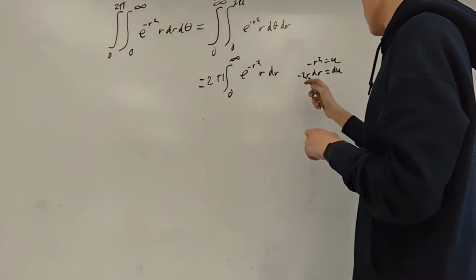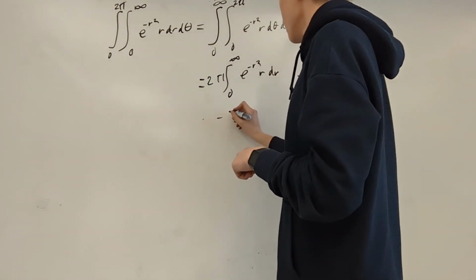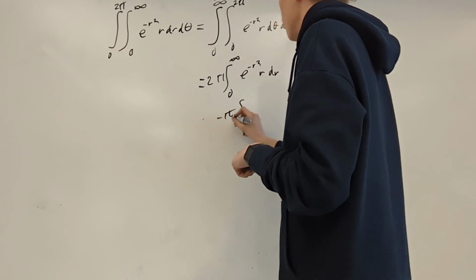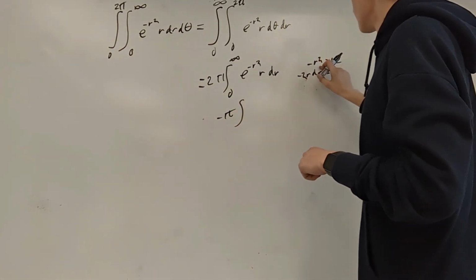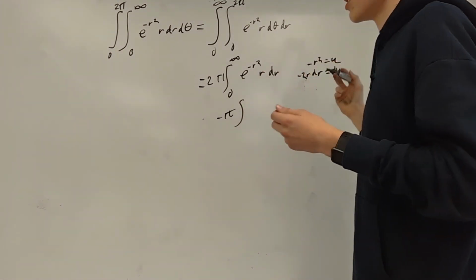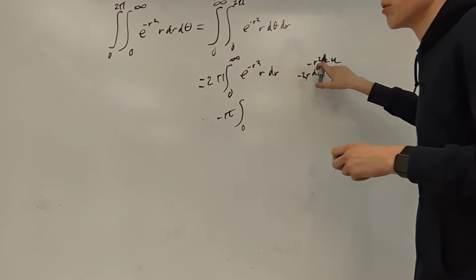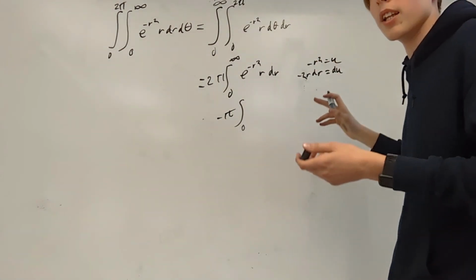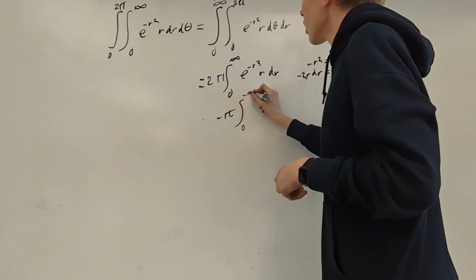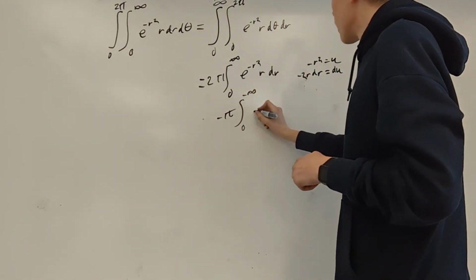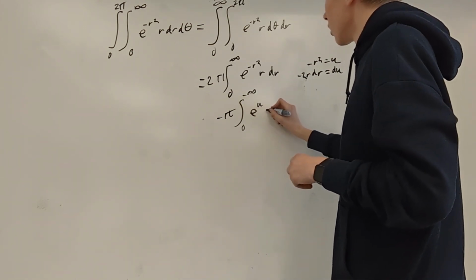And now we actually have these two, so it will just be minus pi from the integral. And now we want to change the borders, so plugging in r equals 0, we get minus 0, which is 0. And now here we plug in infinity, we will get infinity squared, which is still infinity, but it will be a minus, so from minus infinity, and we will get e to the u du.